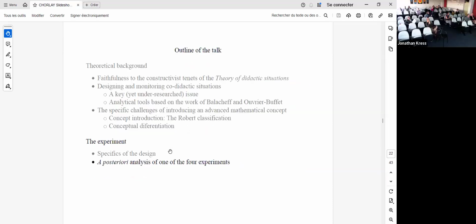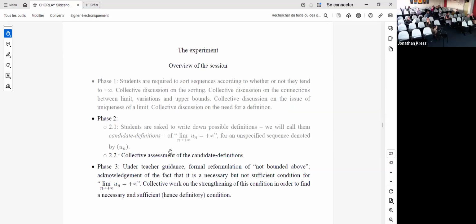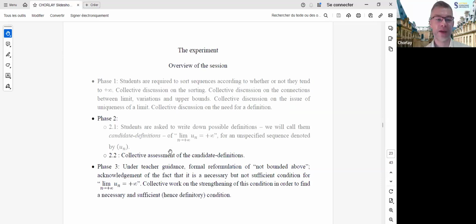So what happened? I'll skip phase one, the sorting of the sequences, but you have to take my word for it. Given what we knew of students' knowledge, intuition, and experience of limits, what we assumed would happen happened.